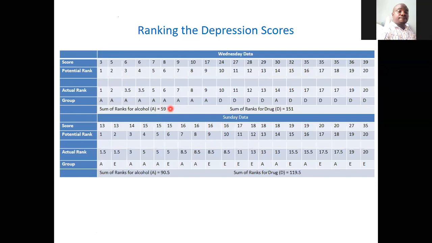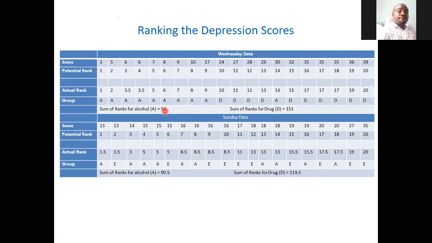You have two groups, and when you sum for the two groups, the smaller one is the Wilcoxon. Sorry, I said Sunday, alcohol. Maybe I should separate them because I put two things together. I will just use one. Alcohol has the smaller rank.